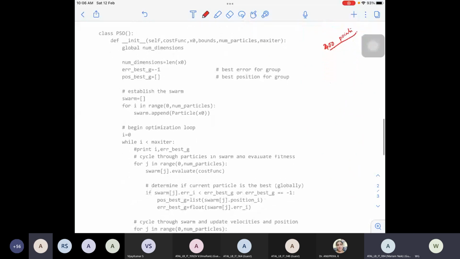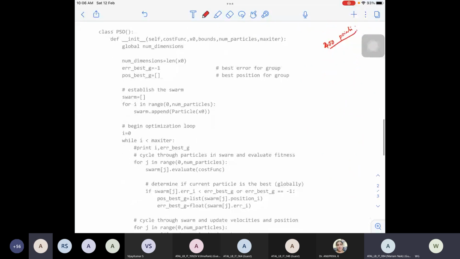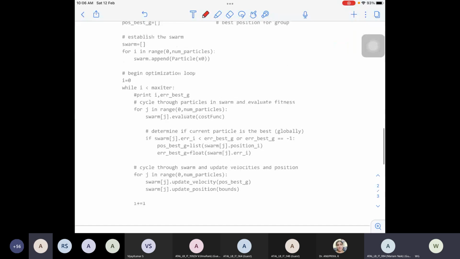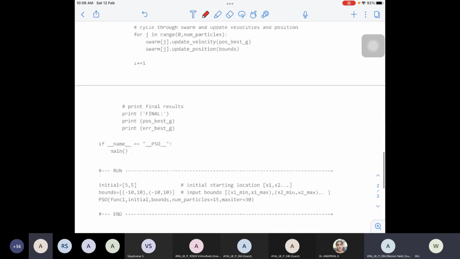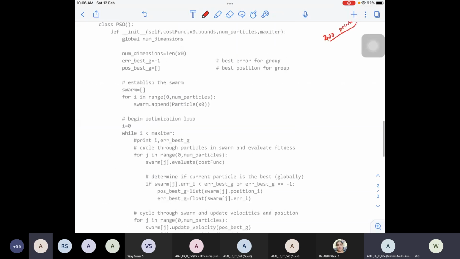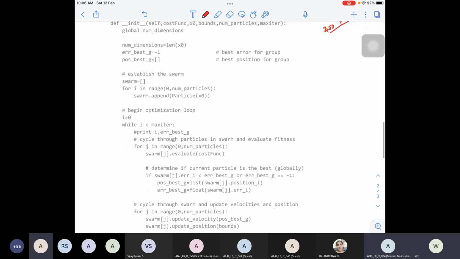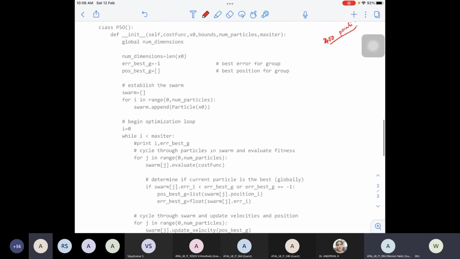Now in PSO, basically you have the main program. Here the number of dimensions may be equal to 2. In PSO, we have the major loop.